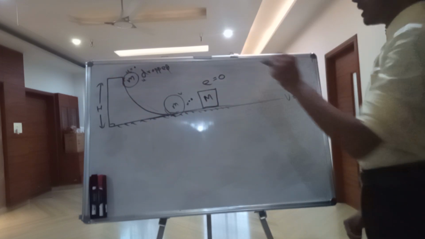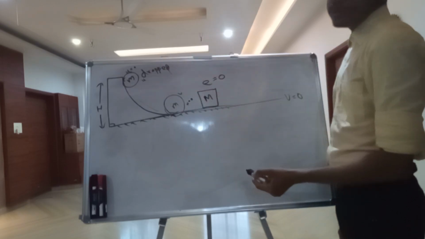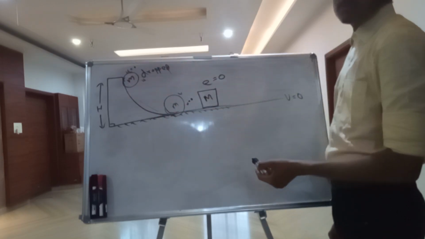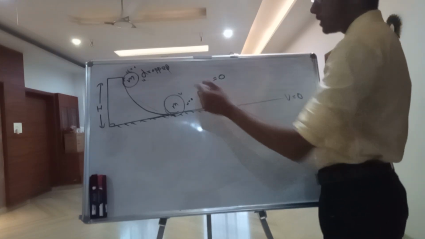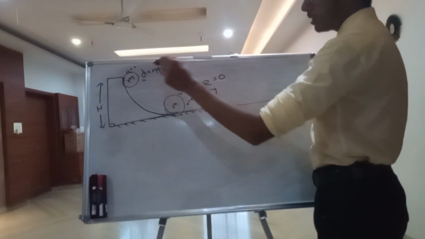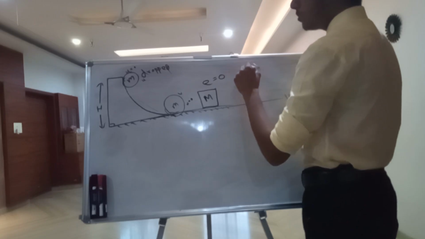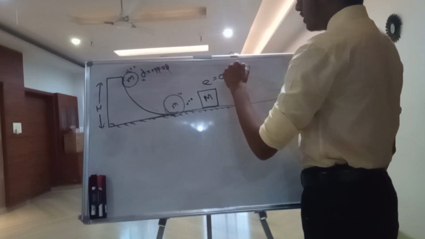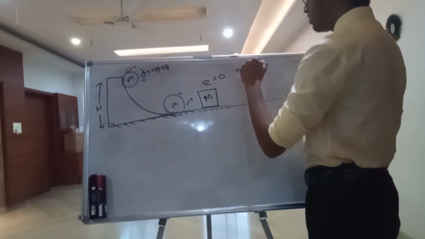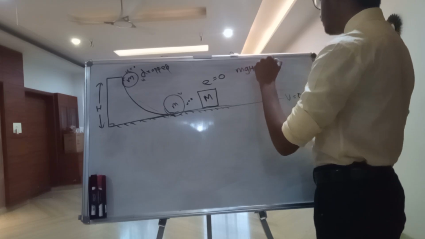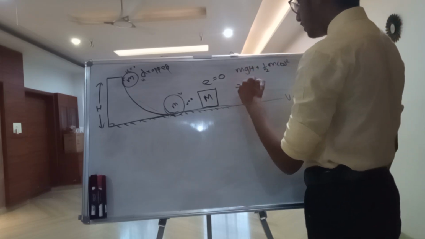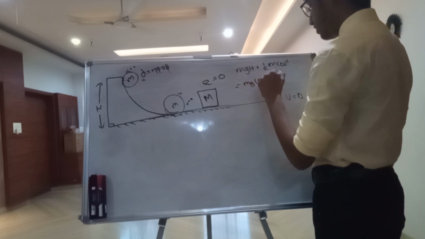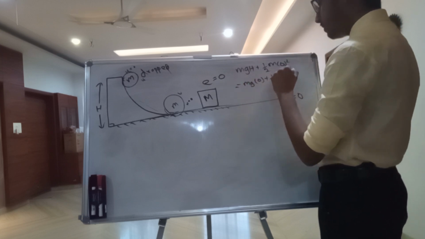Can I conserve energy from here to here? Do you think any loss of energy is going to happen? No. There is no collision, collision is happening only here. So I will conserve energy there. Initial energy: mgh plus half m(0) square equals mg(0) plus half mv square.